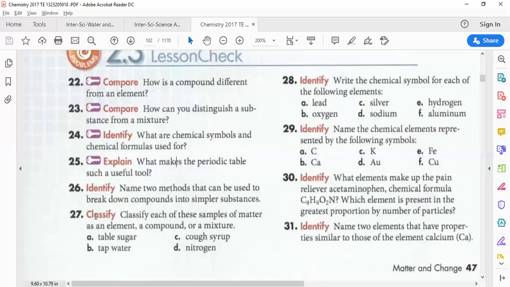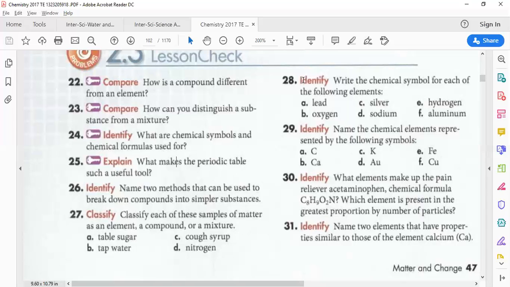So it's originally pure water plus other minerals mixed together. Number C, cough syrup. The cough syrup is a mixture too, of more than one substance, so that you can get more than one concentration for it. Number D, nitrogen. Nitrogen is a pure element in the form of a gas.